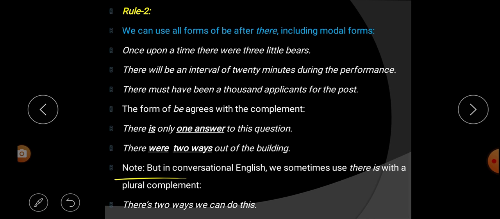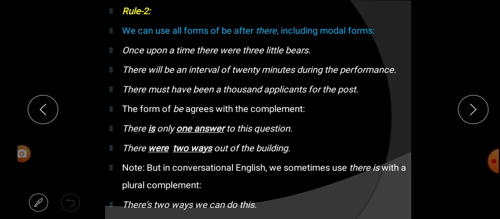But in conversational English we sometimes use there is with a plural complement. When we talk in conversational or spoken English, we can use there is with a plural complement. We know that there is is singular, but in conversational English we can also use it with a plural complement.